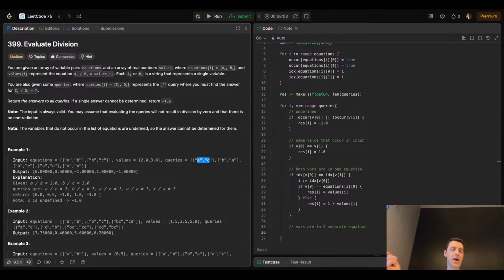It's going to be a path. So we'll be trying all those paths.